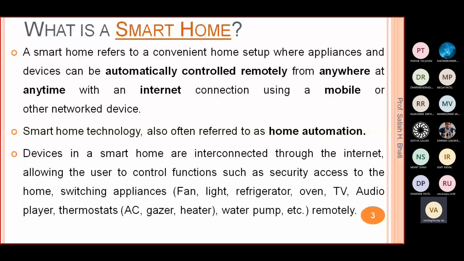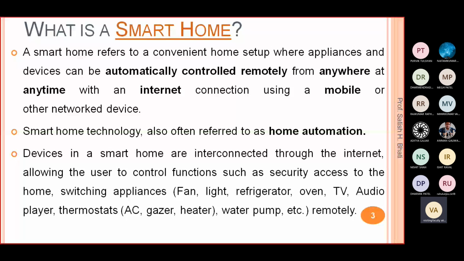Sometimes with a smart home you can perform this kind of task: after your working time, when you are going back home, and it is summer, then we know that when you switch on the AC, it will take some 5 to 10 minutes for cooling, right?